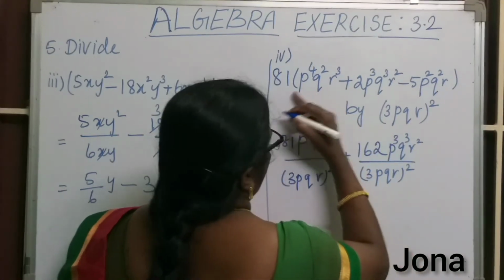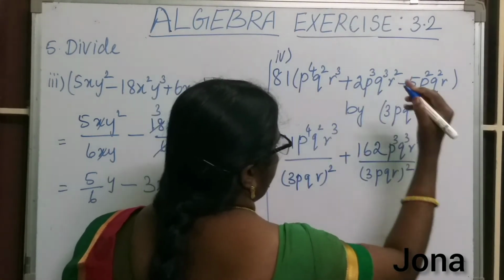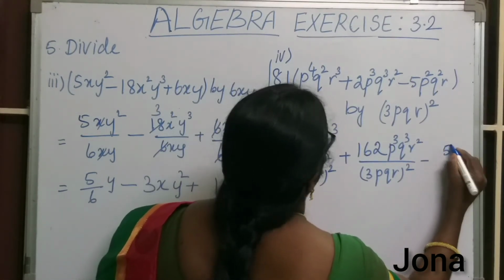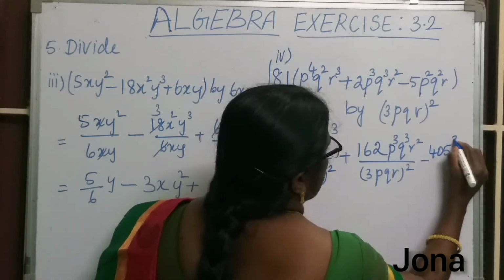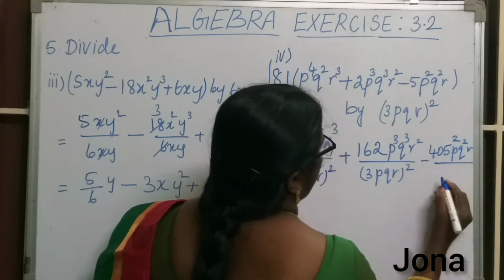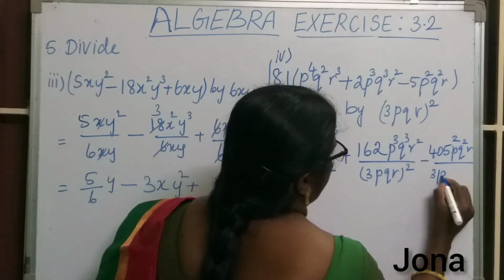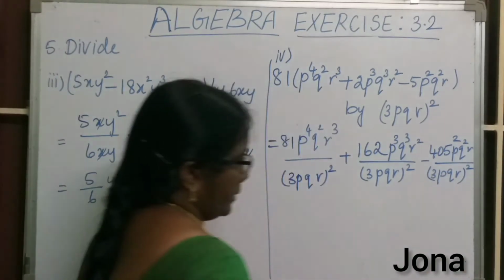Plus and here minus symbol is there, so plus into minus minus 81 into 5, 5 1s are 5, 40, 405 p square q square r divided by this 3pqr the whole square.